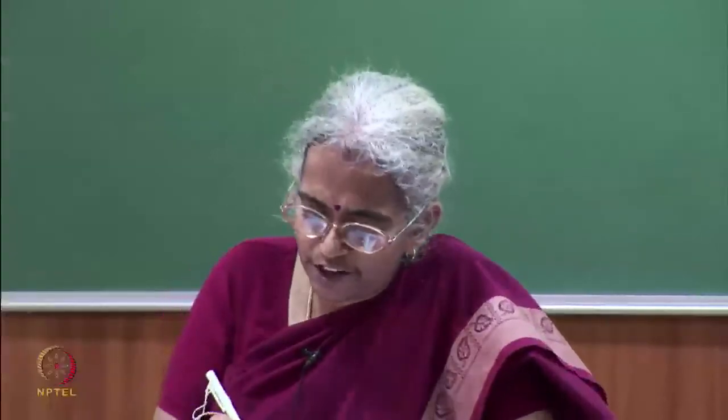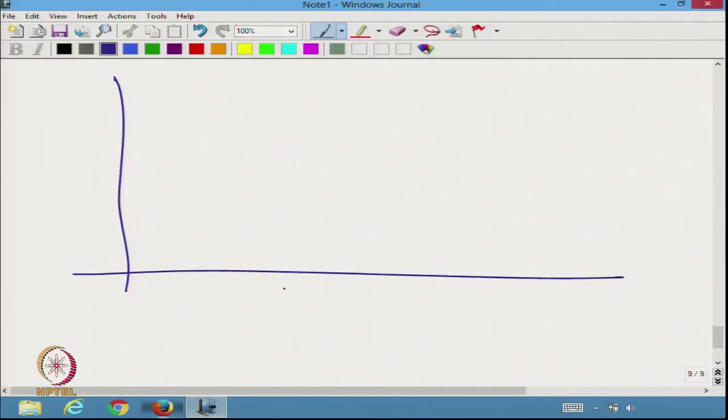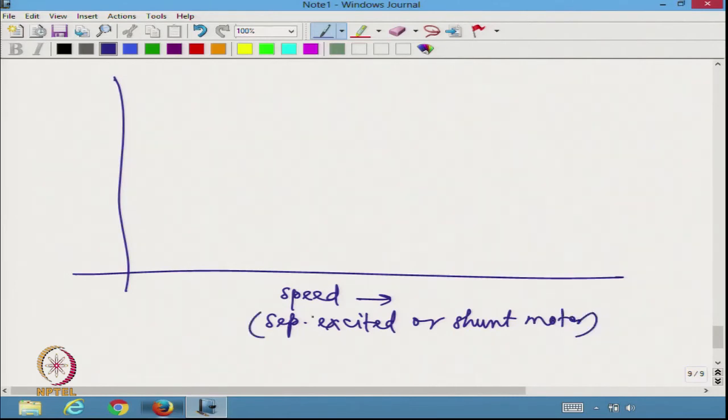So, let me draw the speed variation in a separately excited or shunt motor drive. Maybe this is my rated speed, maybe this is 2 times omega rated.